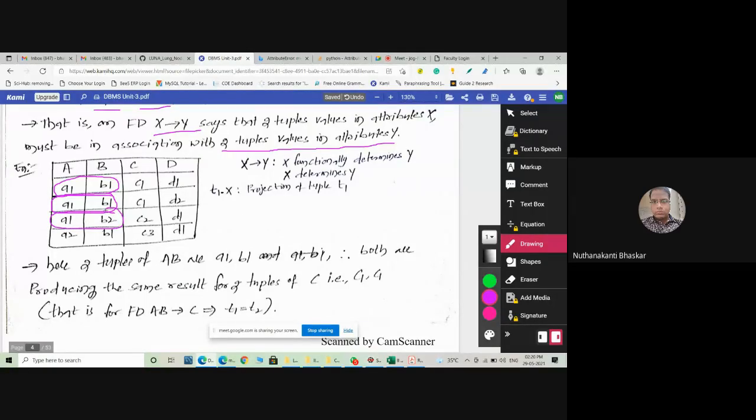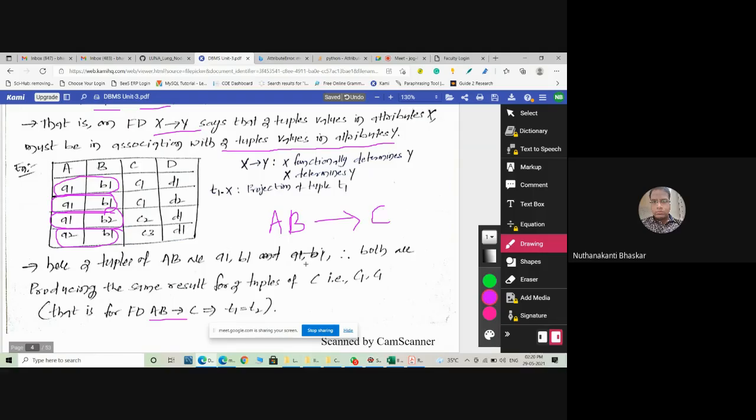A1, B2, then C2 is there. Then it is changing. A2, B1 is there, again it is changing to B3. So always C depends on AB. So we can write that the functional dependency of this table is AB determines C.